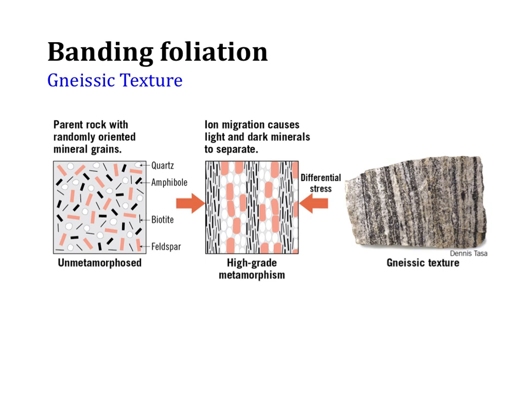The second main type of foliation is called a gneissic texture. Again, I tend to refer to it mostly as banding foliation, because what happens with this gneissic texture or banding foliation is that the dark and light minerals tend to segregate into different bands.